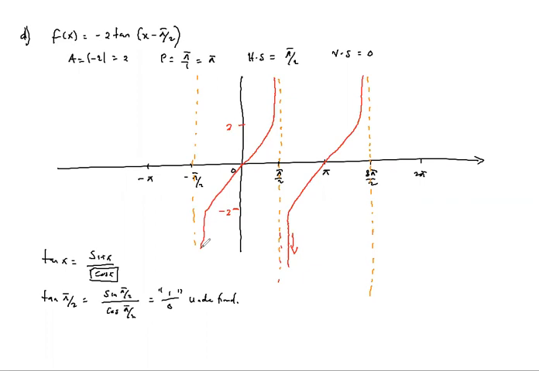Now, there's a shift. Vertical shift 0, but we have a horizontal shift by pi over 2 steps. How do we use it? So you move all the points to the right by pi over 2, implying that we'll move the lines first. So this line will be moved to here. Okay, this point will be moved there. This line will be moved here.